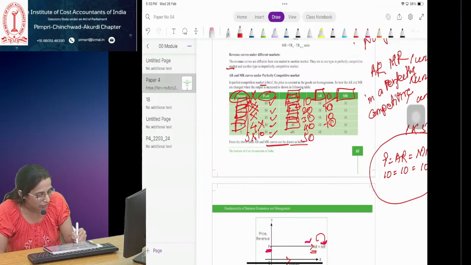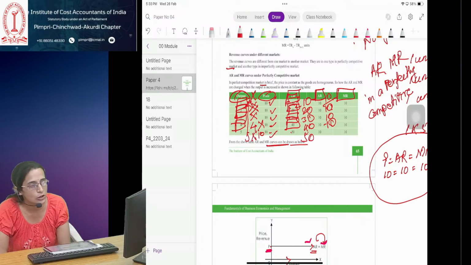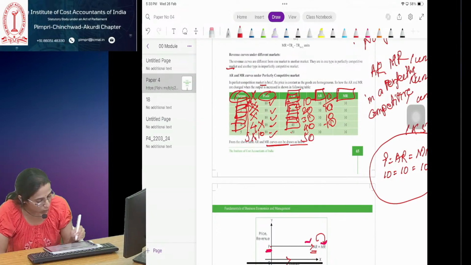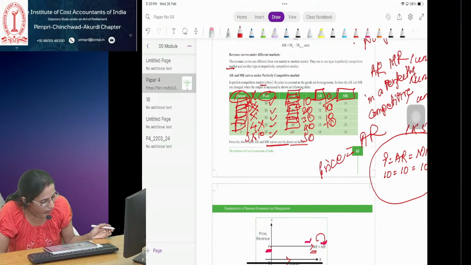So the average revenue is 10, 10, 10, 10, which is equal to what? Price is also 10 rupees. So the price and the average revenue are the same.